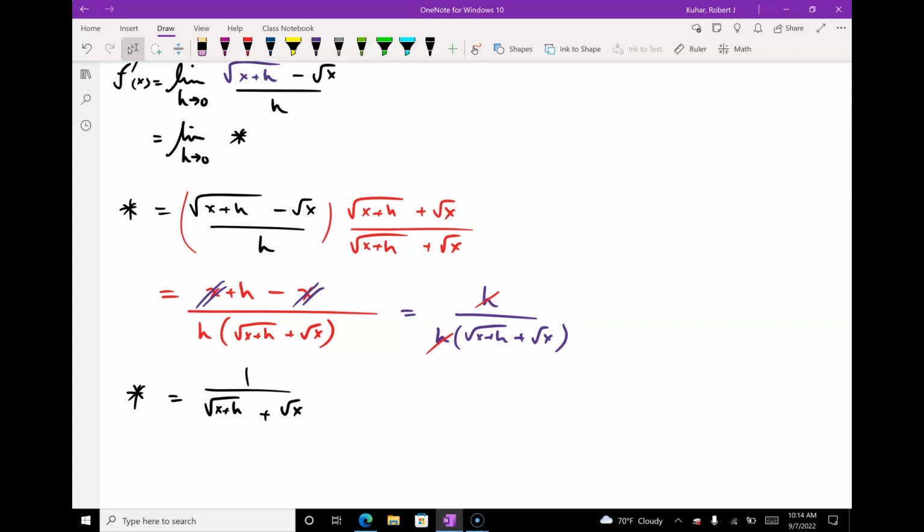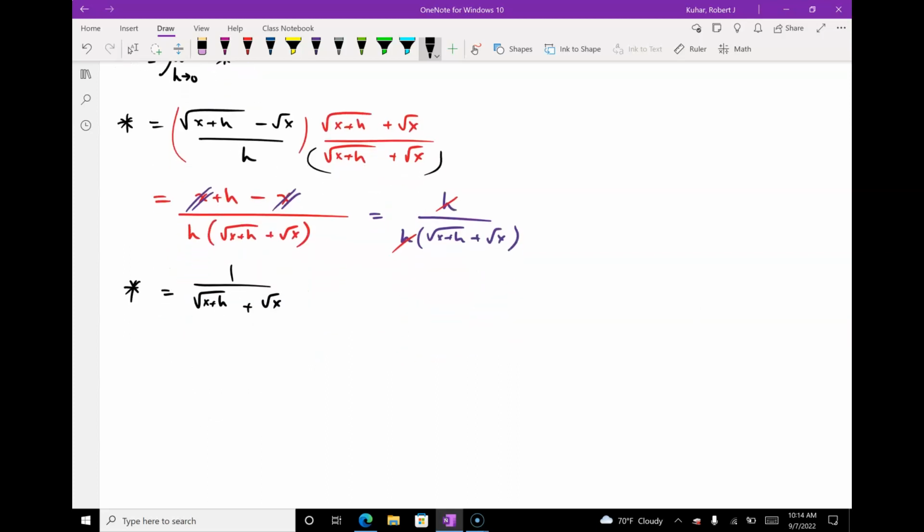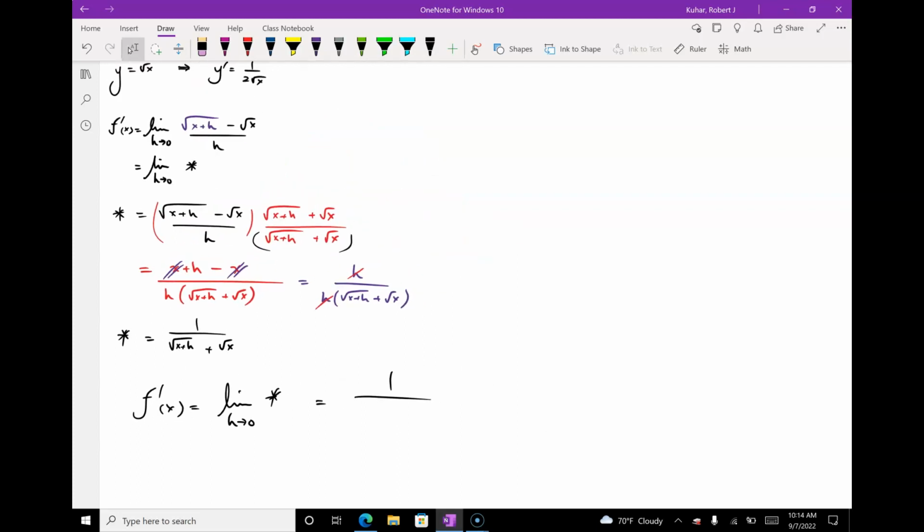I just said I have h times this. I'm ready to finally do my limit. f prime of x is the limit as h goes to 0 of star. I'm going to plug in h is 0 now.